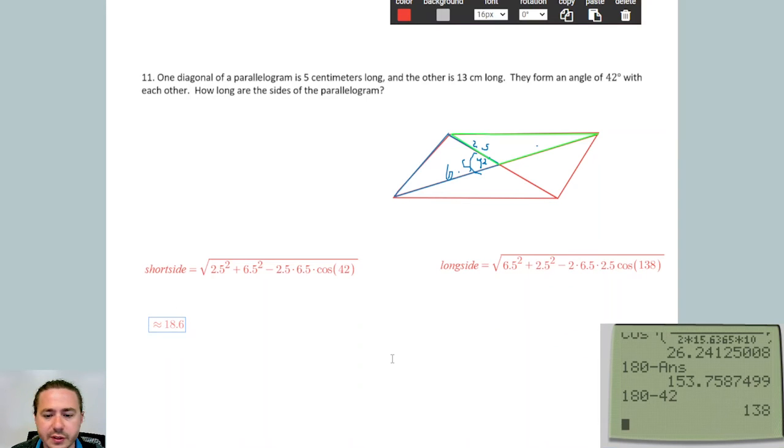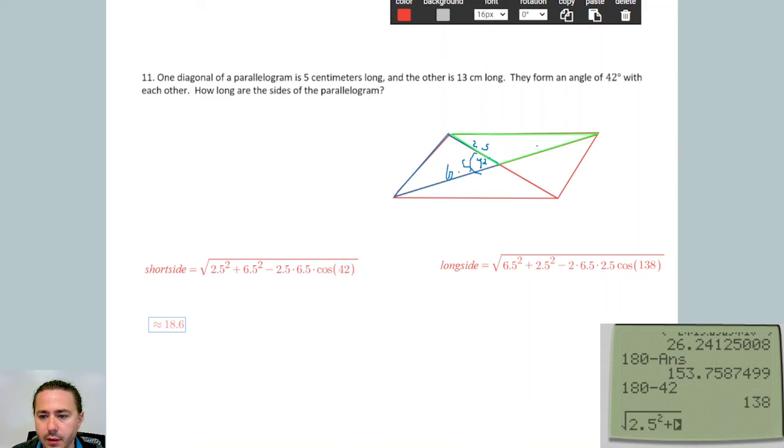Okay, so the short side, let's go ahead and type it in and see where we end up. 2.5 squared plus 6.5 squared minus 2 times 2.5 times 6.5 times cosine of 42. Before I hit enter, just do a quick check. I am in degrees, so we're good there.